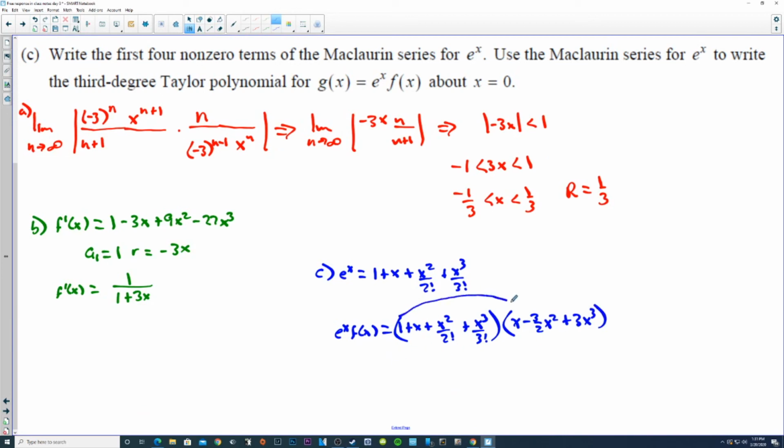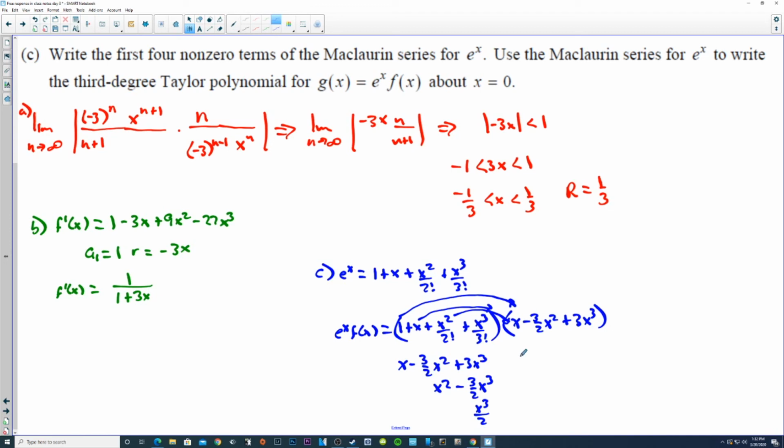Let's distribute the 1 through. So we get x minus 3 halves x squared plus 3x to the 3rd. Let's distribute the x through. And we get x squared minus 3 halves x to the 3rd. And if we multiply times x squared, we just get x to the 3rd over 2, positive.